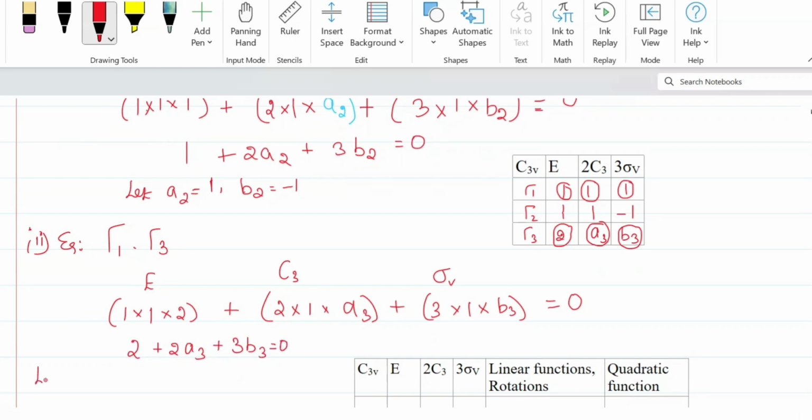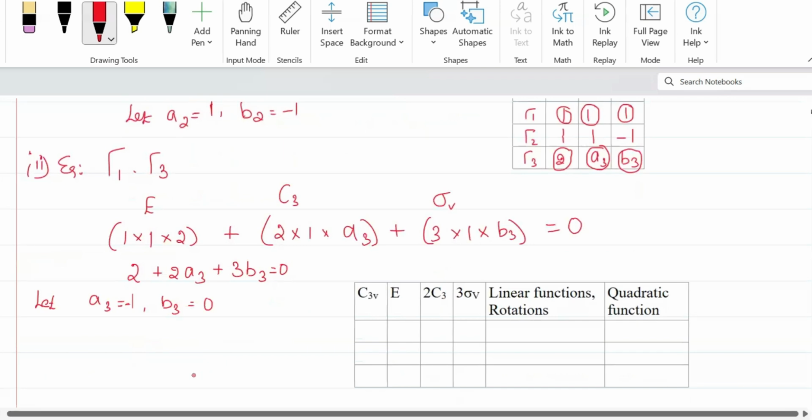So this is possible only if we consider A3 should be what? Minus 1. Okay, if we take minus 1 here, A3 equals minus 1, and B3 should be equivalent to what? 0.